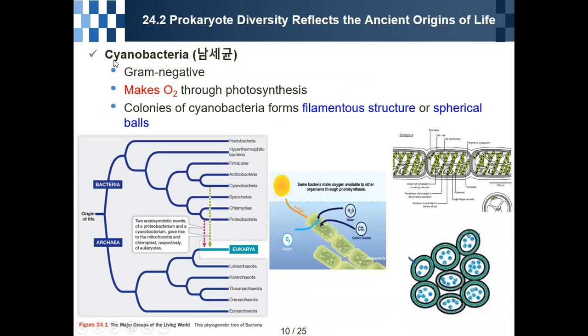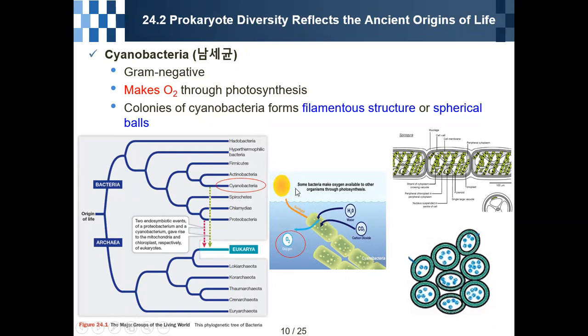Next is cyanobacteria. They are gram negative. Previously, we learned that cyanobacteria make oxygen through photosynthesis.